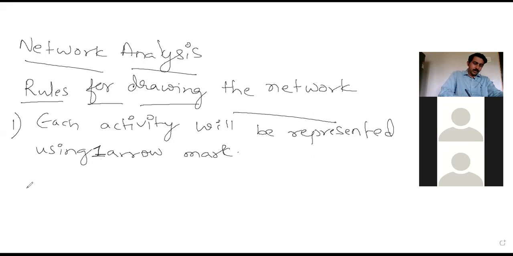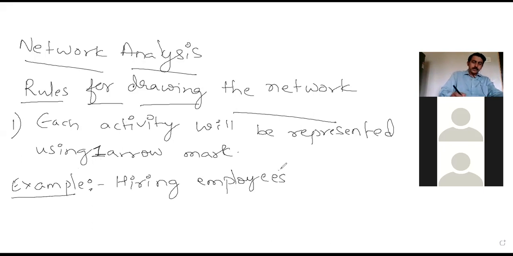Let us assume that there is one example here. Let us assume that hiring employees is activity A. The first activity is hiring employee. It is usually represented by one arrow mark.